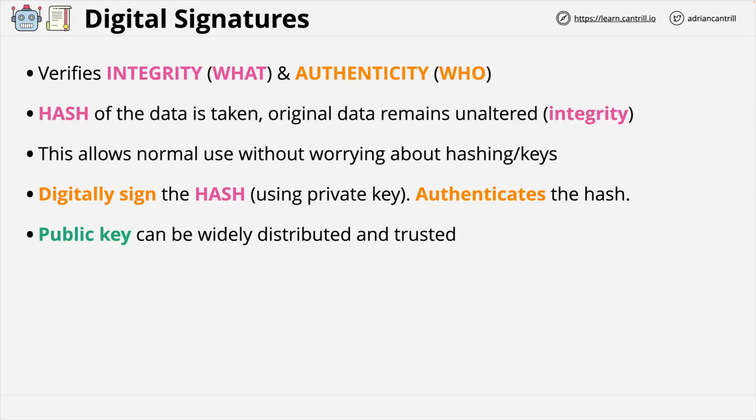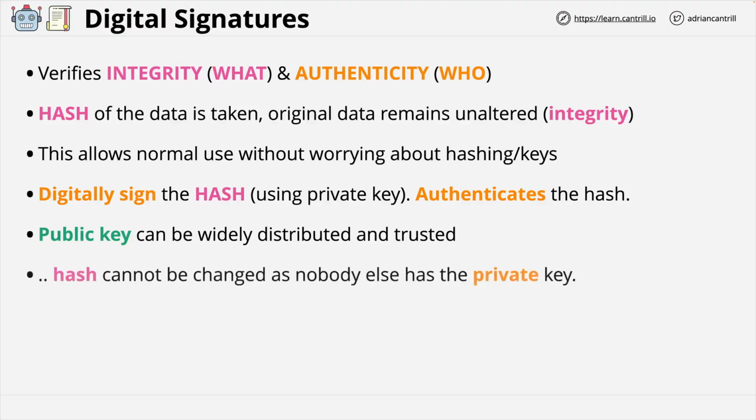Nobody can falsify a fake hash because only one person, Bob, has Bob's private key. So now we know the hash is from Bob. We can verify that because we have Bob's public key. We know the hash can't be changed because only Bob has Bob's private key, and only the private key can sign anything and appear to be from that private key. We now have this authenticated hash, and we verified the integrity because of the private-public key relationship.